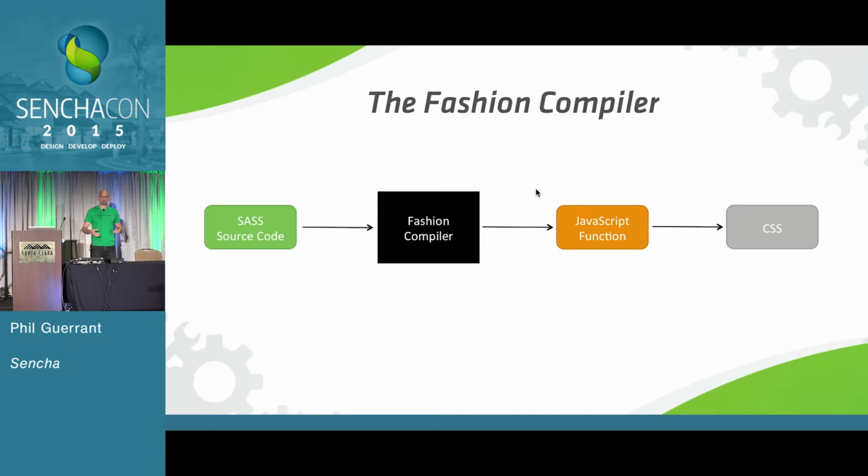This is what makes it so incredibly fast: those first two steps never have to be repeated. All we have to do is invoke that function again with different inputs, different variable values, and it runs and generates a new style sheet.